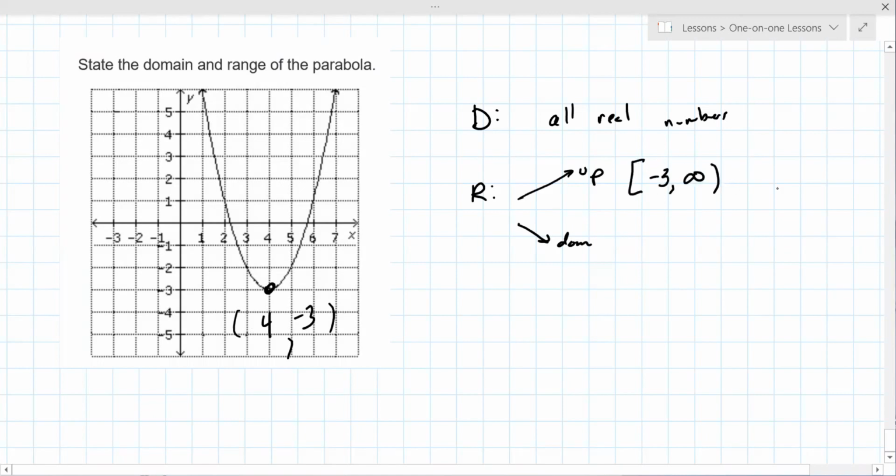Now your book expresses this as y greater than or equal to negative 3. All right, so that's done. Let's see what you have not answered yet. You haven't answered 1, 2. I guess we can do that next.